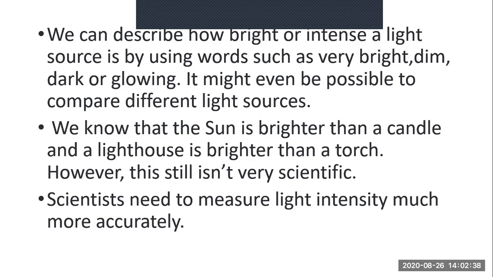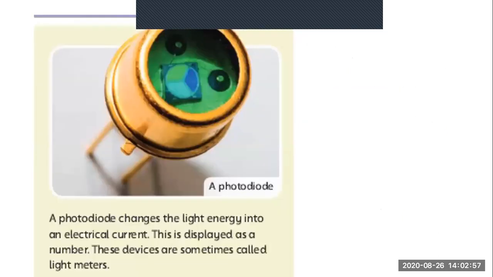We know the sun is brighter than a candle, or a lighthouse is brighter than a torch. Because of this, scientists need to measure light intensity, and they use a photodiode, which we mentioned last lesson. Another name for the photodiode is the light meter.